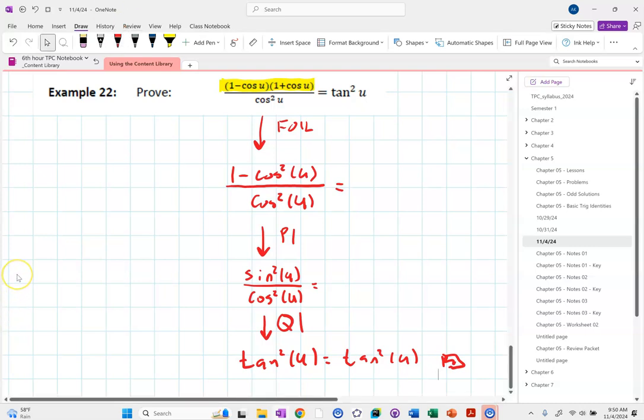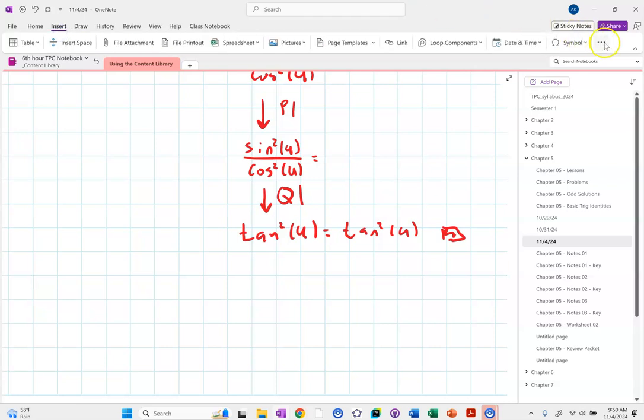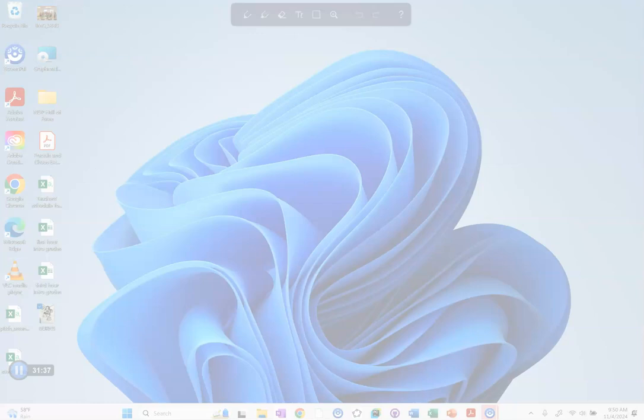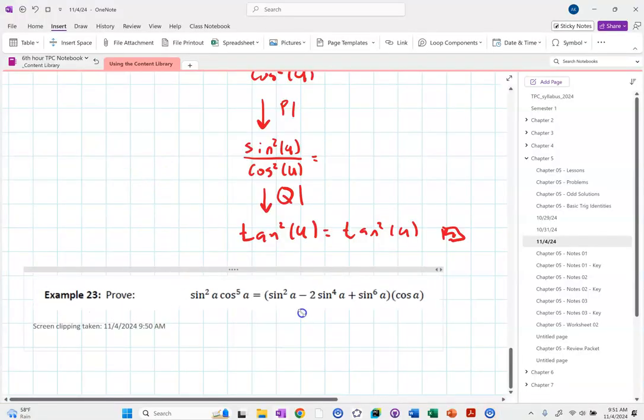What do you guys think? It's okay? Again, once you get more comfortable with building some intuition up of, like, ooh, I see something that looks like this, that's usually a clue to what to do to start. All right. These get easier as they go.